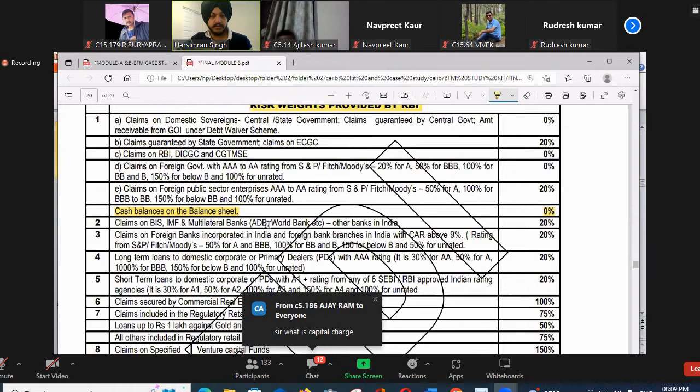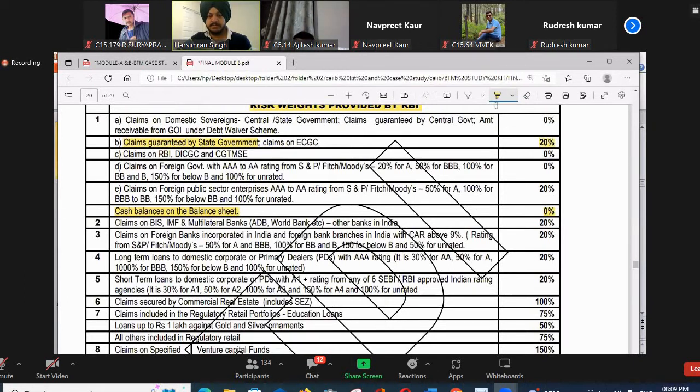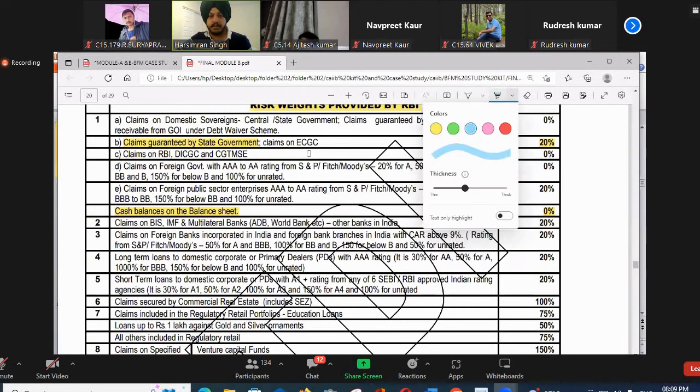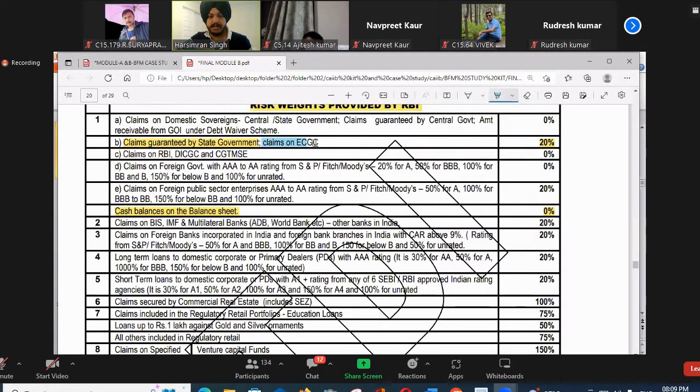Then claims which are guaranteed by state government, that is 20% risk. Claims that have been guaranteed by ECGC, again 20% risk.